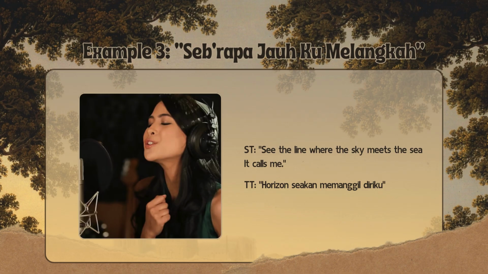The line "where the sky meets the sea" is changed to just one word, "horizon," to maintain the musicality of the song and also to show a more flexible word choice. And "it calls me" is translated into "seakan memanggil diriku," adding the word "seakan" to give a poetic effect. The adaptation method was used in this example to make the song suitable for the local culture.